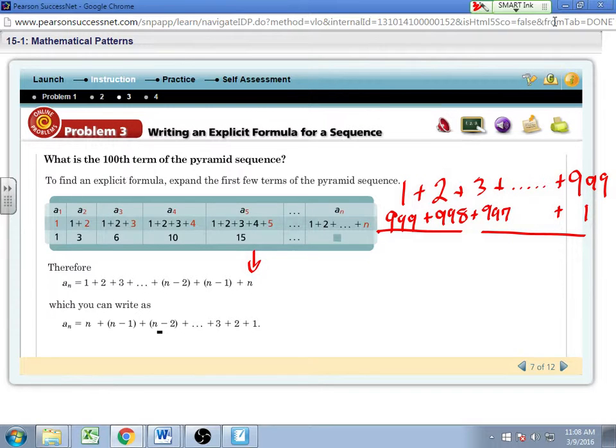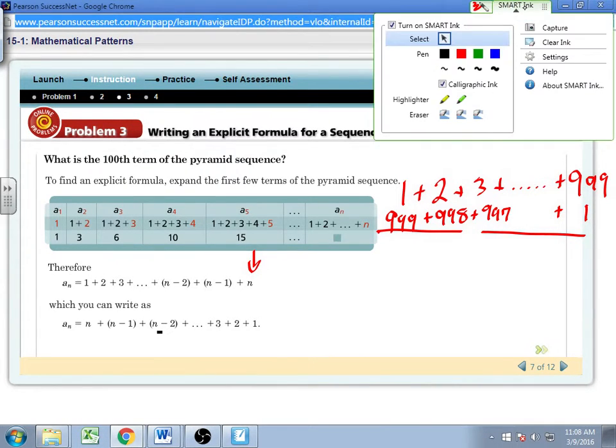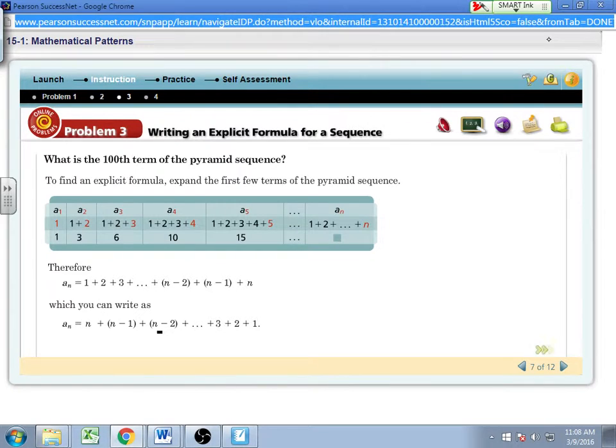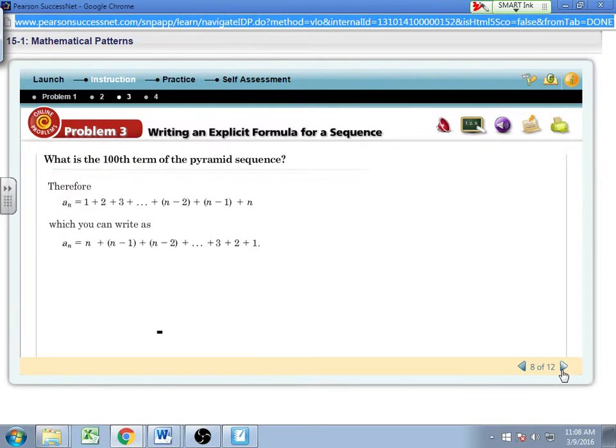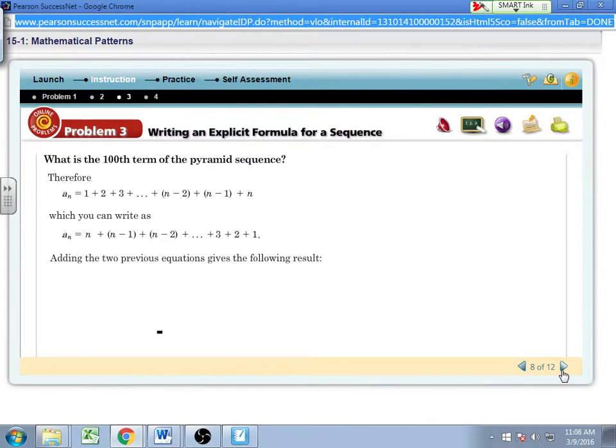So it's all about thinking, how can I take something and make all the values add up to the same thing? This next step that we perform here is exactly that problem, because what we're going to do is combine the two a sub n's. We're going to add these two functions together. So check this out. If I add my top function with my bottom function, I now am going to have 2 a sub n, because I have a sub n plus a sub n.